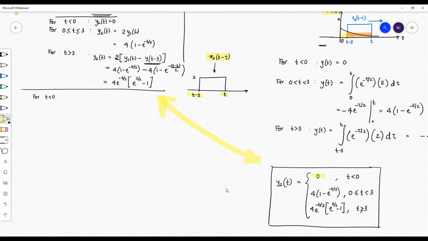For t less than 0, it was 0, correct? For t between 0 and 3, it was 4 e to the power minus t by 2, correct? And for t greater than or equal to 3, it was this value. So this is what should have been, and this is what is, right? So this is what the question asked us to prove for an LTI system.